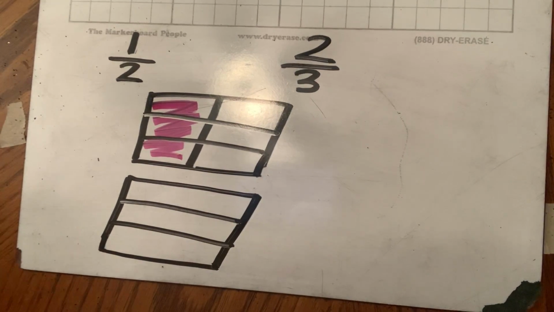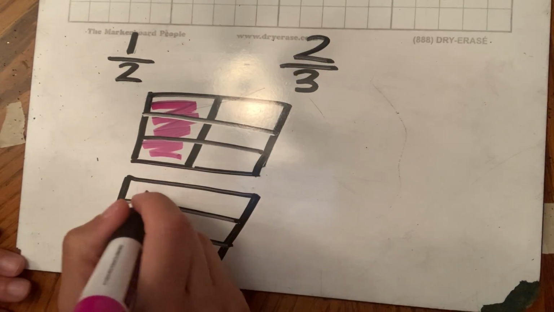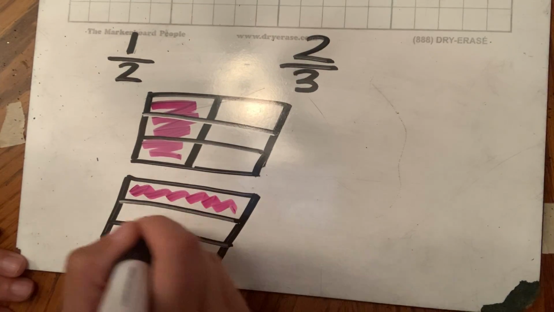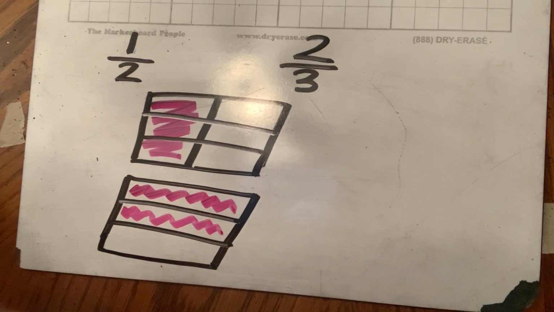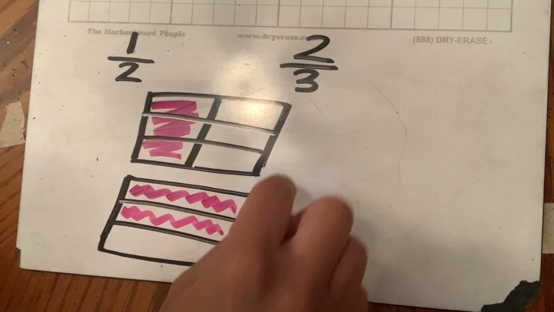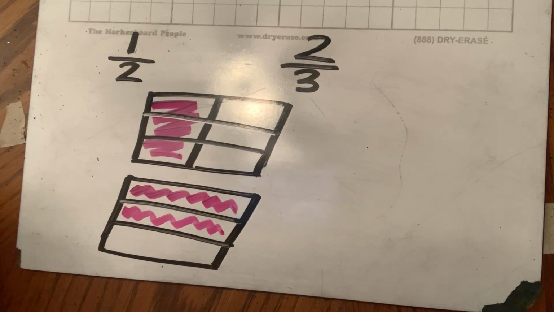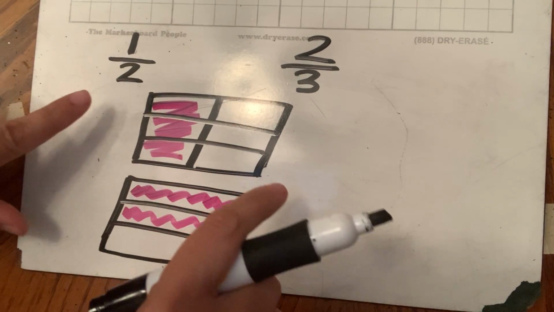Then I'm going to shade in. How much am I going to shade in? 2, right? Agree or disagree? 1, 2, right? 2/3.